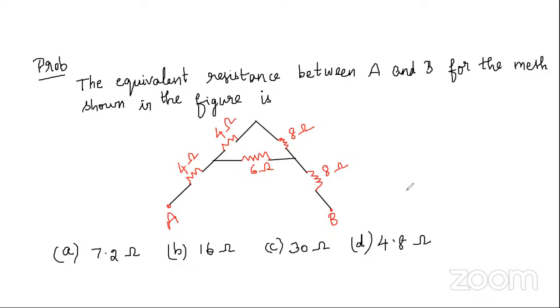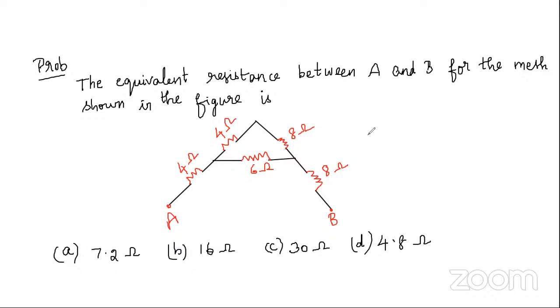So for these kind of problems, what we have to do is we have to first draw the equivalent circuit. Okay. So here this circuit may look a little bit messy. So for that you have to first simplify this circuit by redrawing it. So how can you redraw this circuit? Let me show you here.